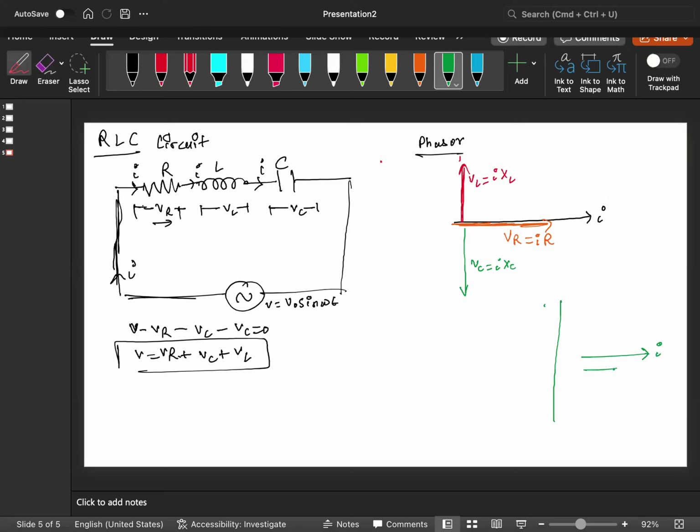On the right side, V is equal to IR, and upside is VL minus VC, which is the case XL greater than XC. On the left side we can solve the other case. In this direction IR, and on the bottom side you'll get VC minus VL. Here minus pi by 2, there positive pi by 2.